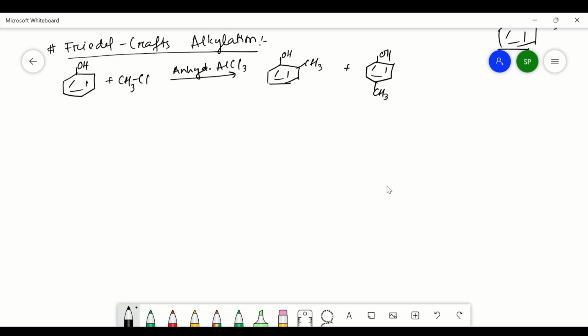Alkylation. If we are reacting phenol with an alkyl halide, there is also a Lewis acid present, such as anhydrous AlCl3, or we can also take anhydrous FeCl3.